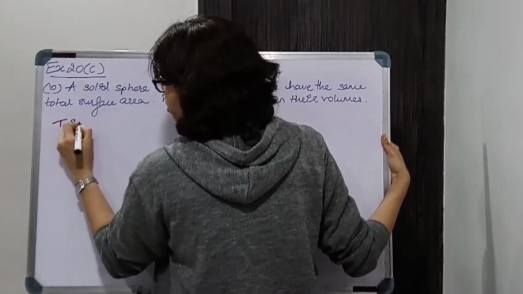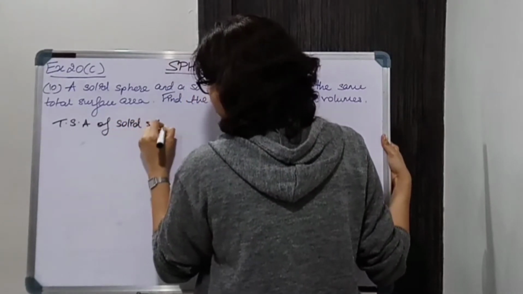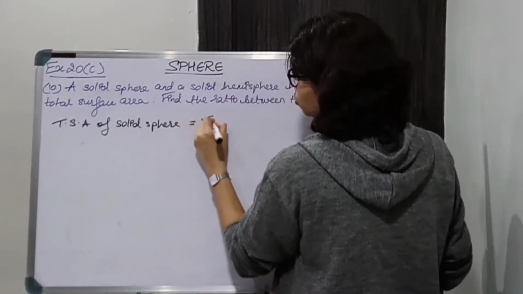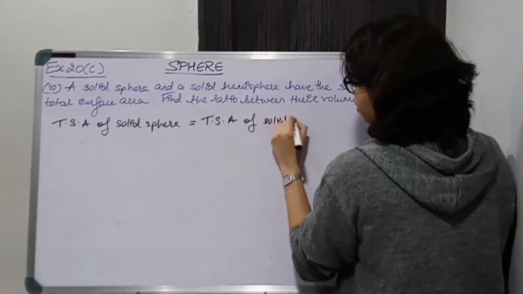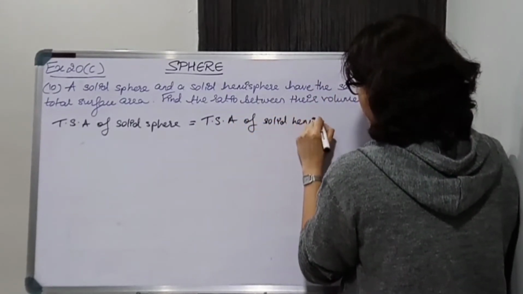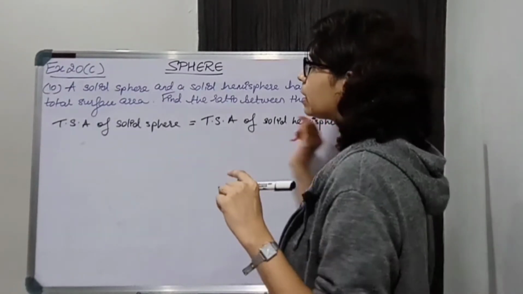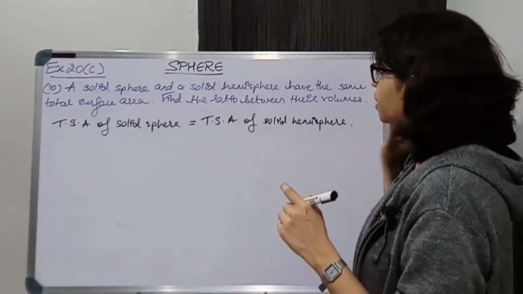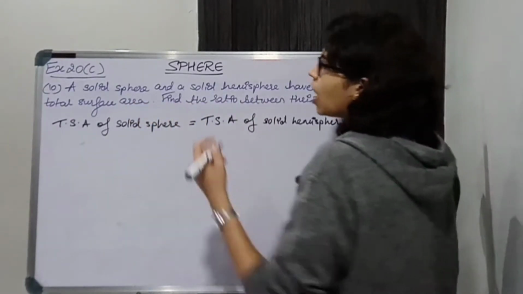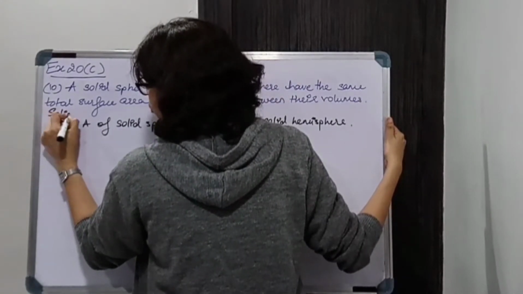So total surface area of solid sphere is equal to total surface area of solid hemisphere. Now before this you have to write down, let the radius of the solid sphere be R1 and the radius of solid hemisphere be R2. So I'm not writing down the statement, I'm just writing down in short.